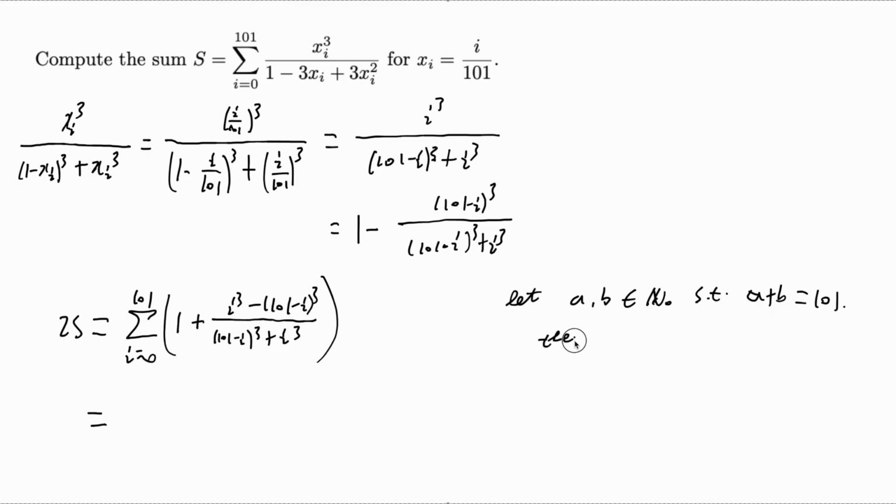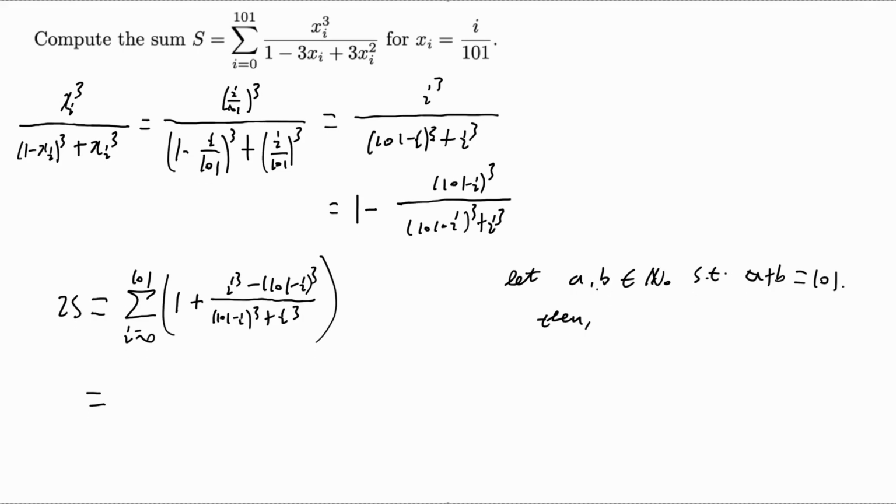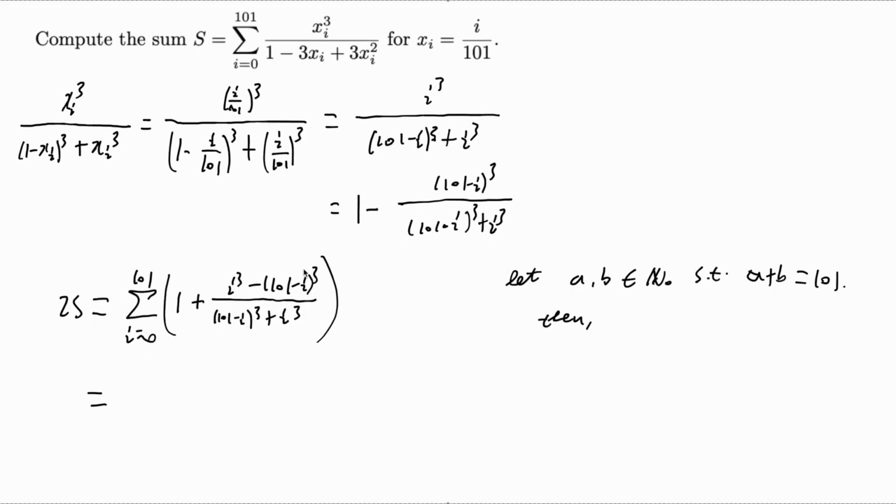Then let's try and substitute our A and B for i: A cubed minus A over 101 minus A cubed plus A cubed.